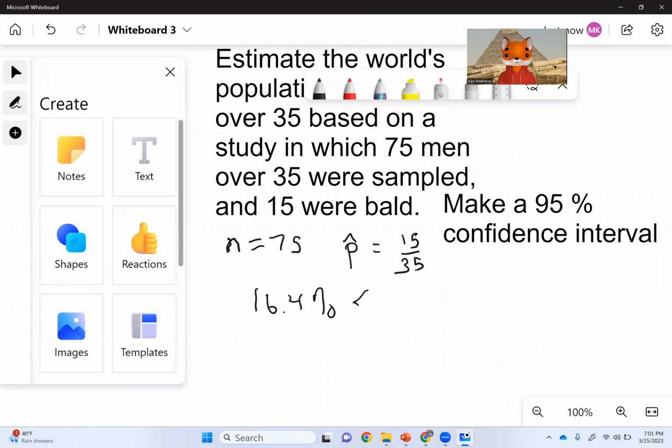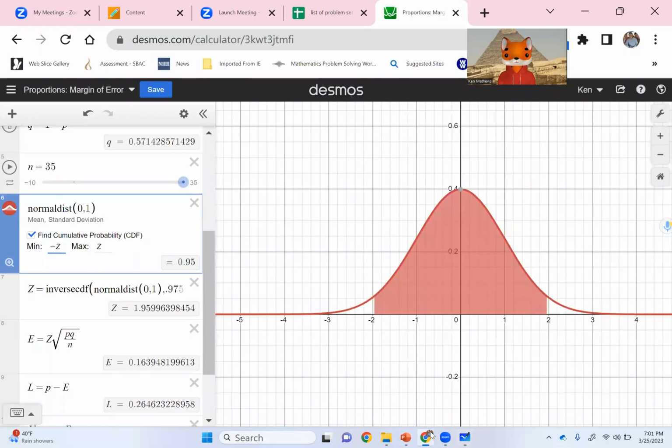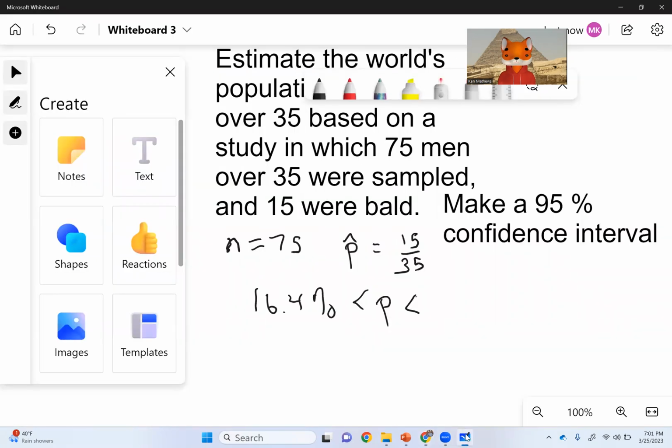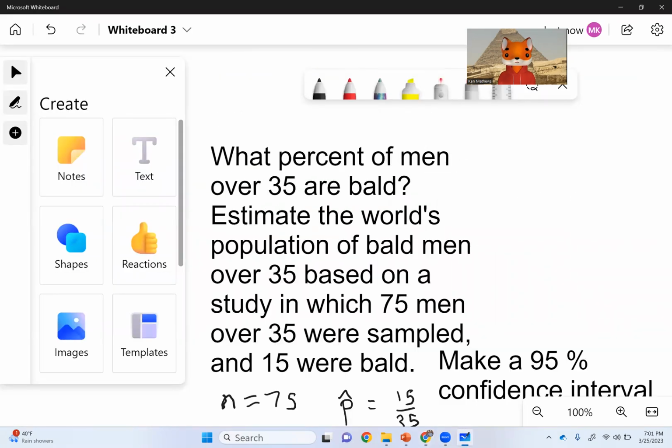16.4% is less than P, which stands for the proportion for the world of men over 35, which is less than. I'm going to check my answer again because I don't want to leave anything. The lower limit, no, E was 16.4, the 26.5. I have to erase it, but I don't see any erase feature.